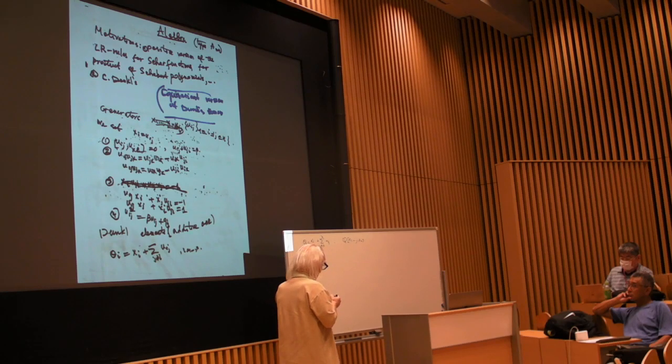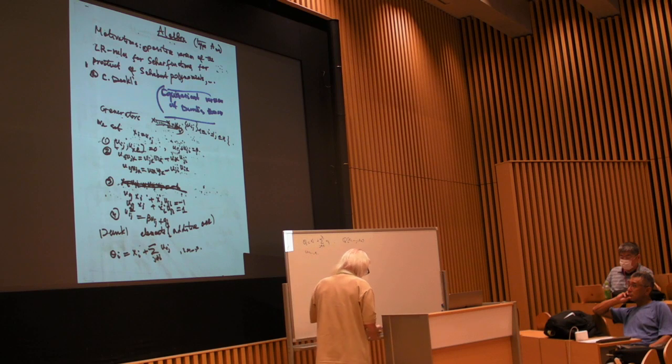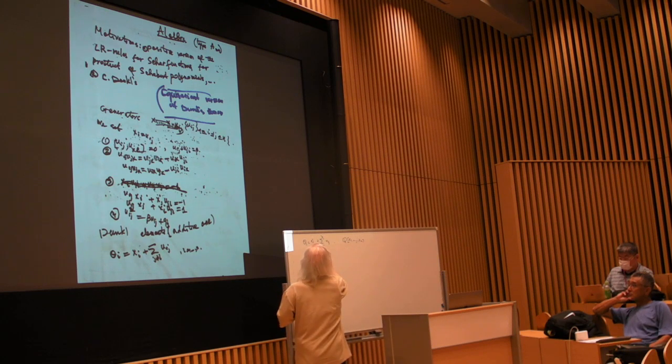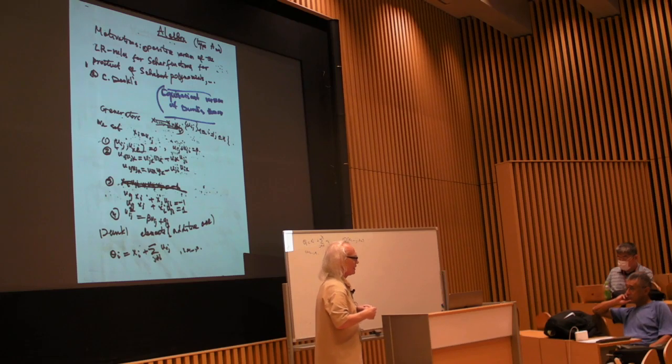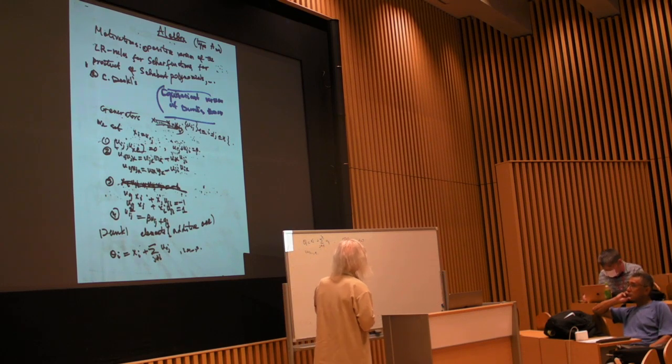So the natural question: the truncated Dunkl operator, the Dunkl element, is the element where x_i is what I call the equivariant parameter, and later it will be made clear why I call it an equivariant parameter, so that it is not a differentiation.